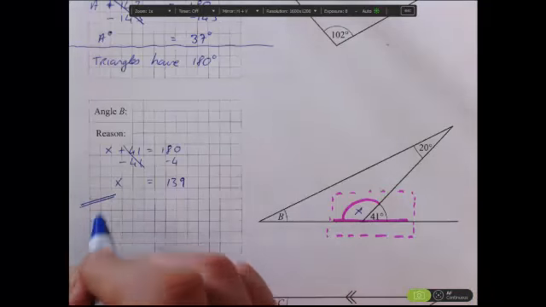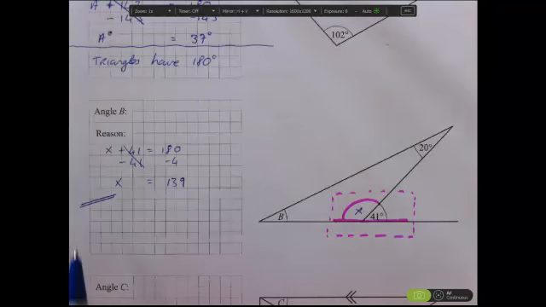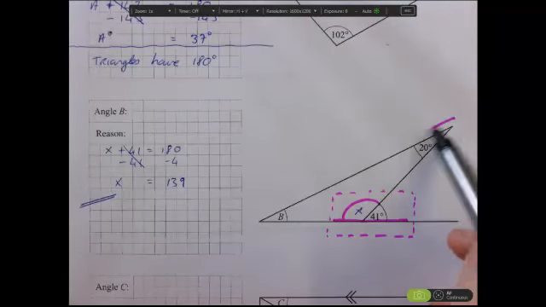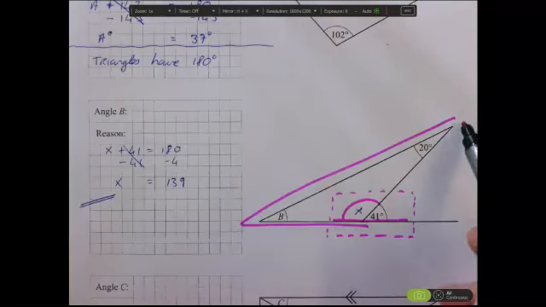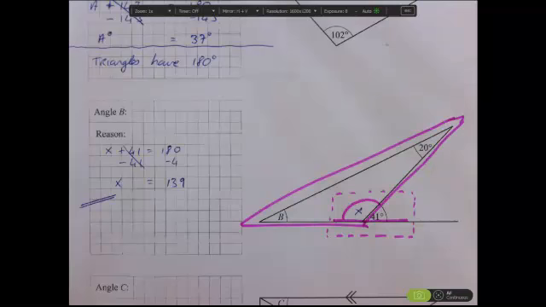Now, start another idea. I separate ideas with something like this, just two lines really. I'm going to look at the entire triangle, but I'm not going to concern myself with 41. So I'm going to add these up.